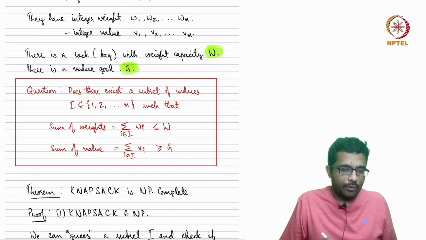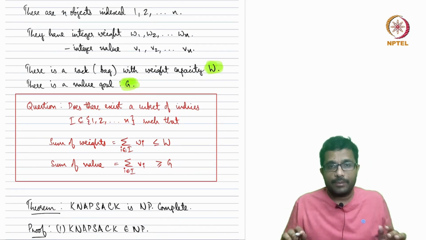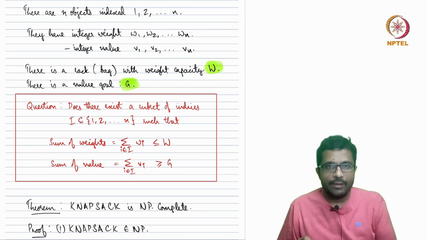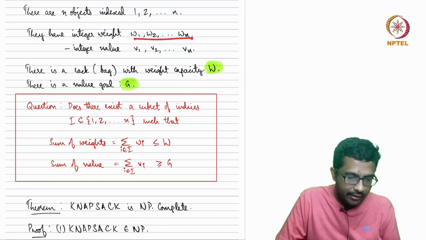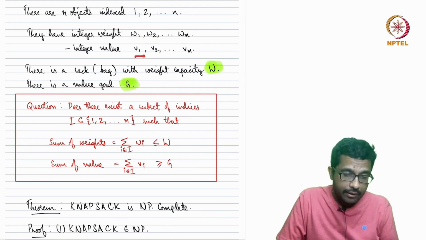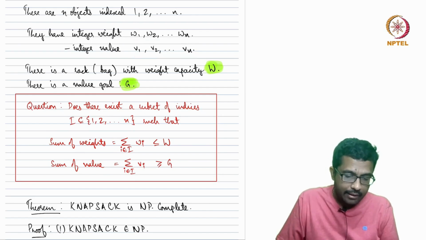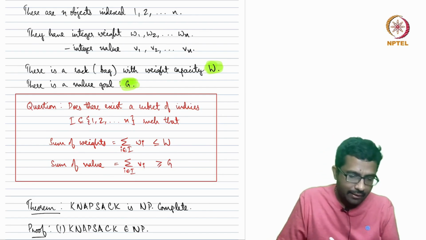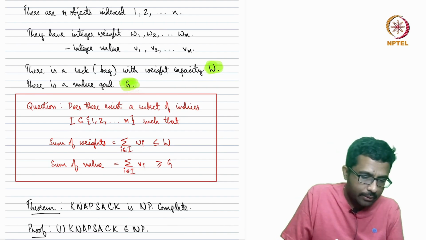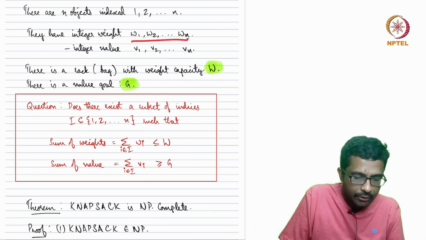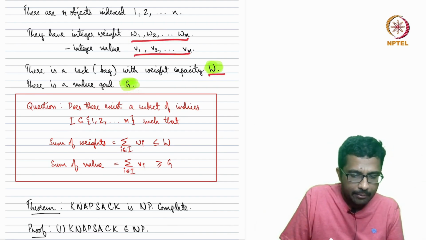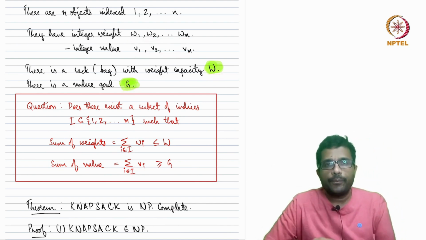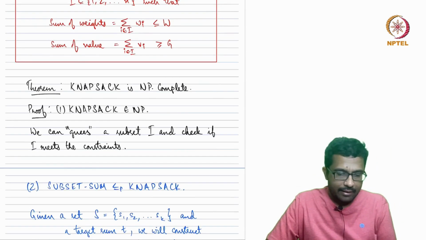So to completely specify the knapsack instance, we need to tell what are the n items, what are each of their weights, what are each of their values, what is the weight capacity, and what is the value goal. So these 4 things, W1 to Wn, V1 to Vn, capital W and capital G need to be specified to provide the knapsack instance.